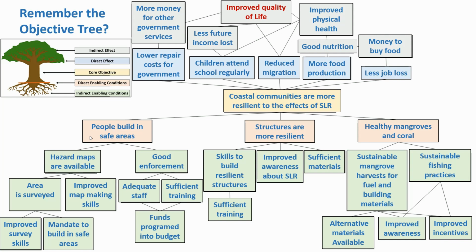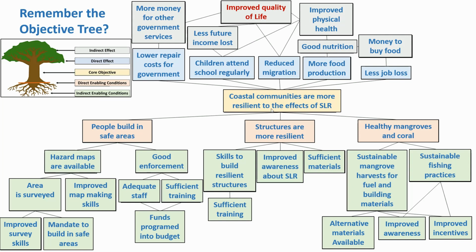That was part of the problem. Structures were not resilient, so with our project we want to make sure that structures are resilient to climate change. And then we have more healthy mangroves and coral. Remember that part of the lack of resilience of the coastal communities was that mangroves and corals were being degraded, were being damaged, were being mismanaged.